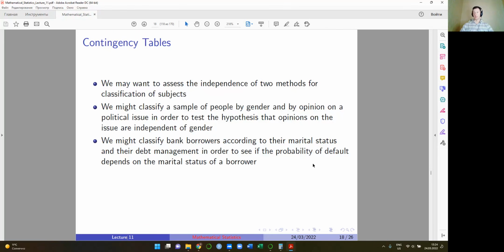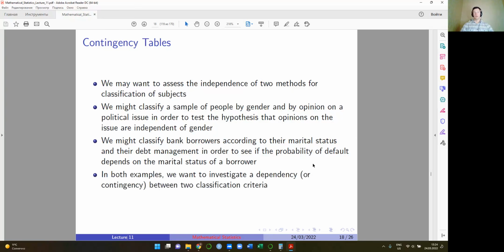The debt management is also a categorical variable, defaults or not defaults. And we want to know whether one categorical variable depends on the other. So in both examples, we want to investigate a dependency, or contingency, that's why contingency table, between two classification criteria.